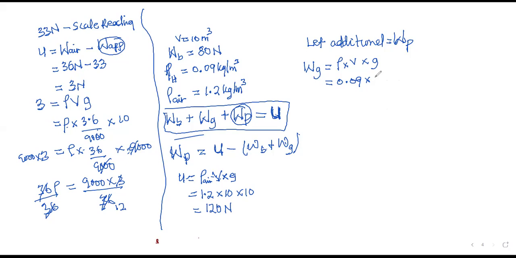Okay, so that's the reason. So 10 times acceleration due to gravity, which is also 10. This would give us 9 Newton.